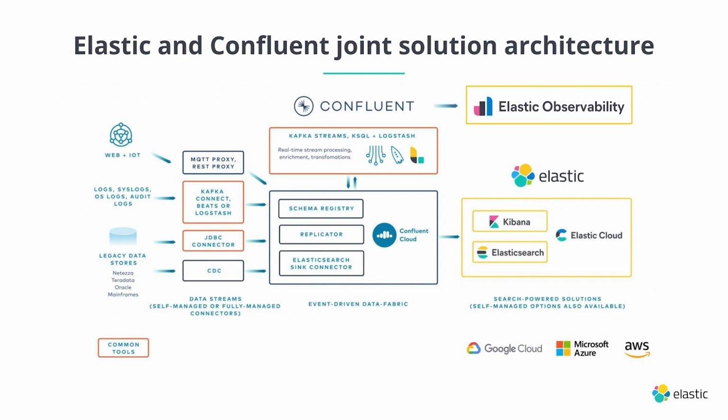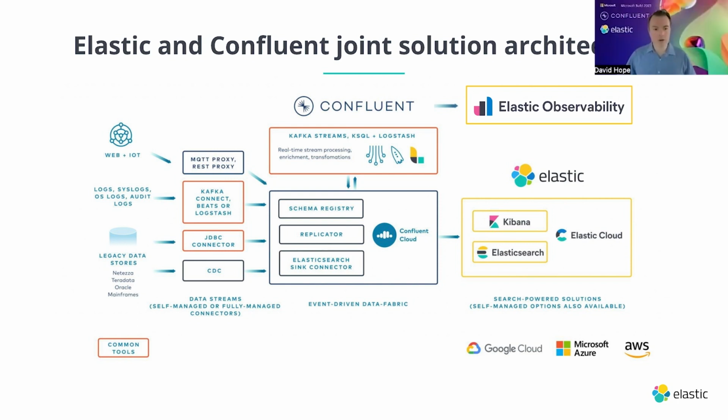Thanks very much, Anand. Right, so Confluent and Elastic really go together like peanut butter and jelly, complementing each other in ways that empower businesses to leverage Confluent data streaming effectively. Elastic offers three main solution areas that are especially relevant to Confluent users: search, observability, and security.